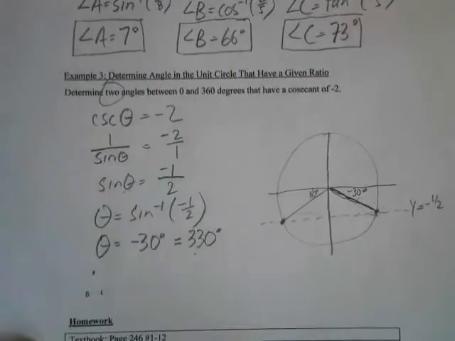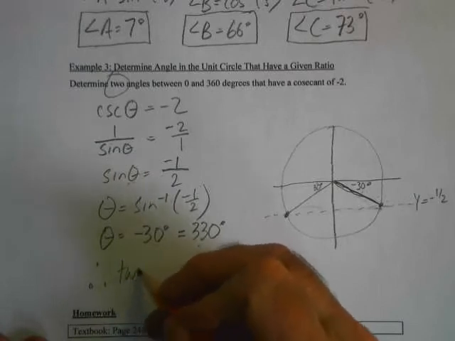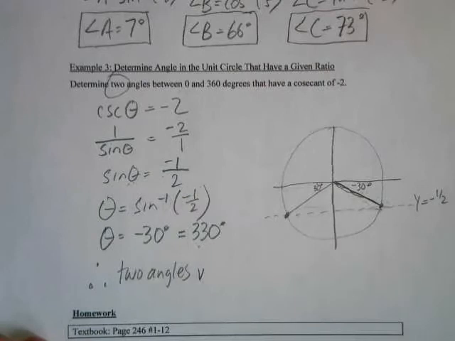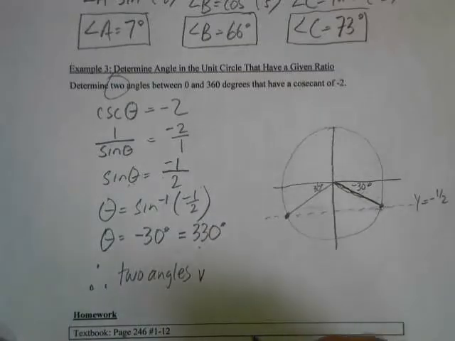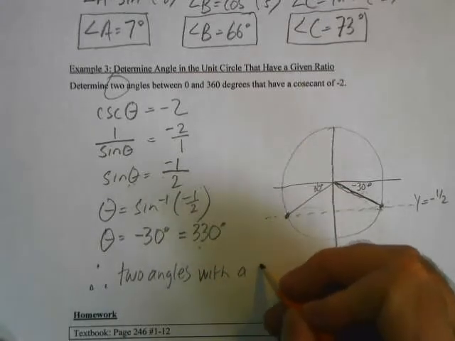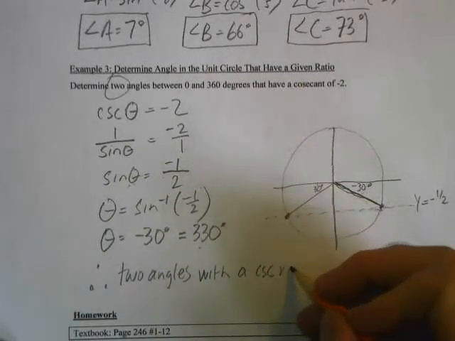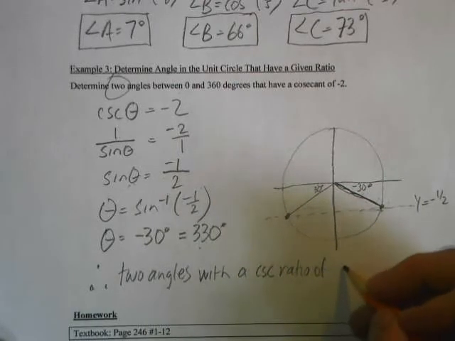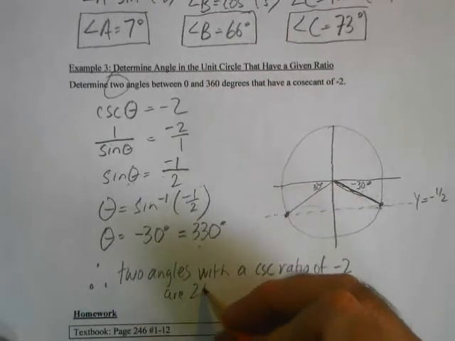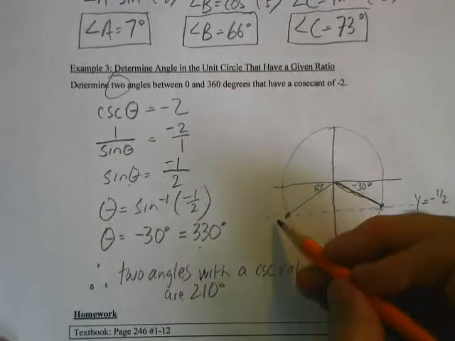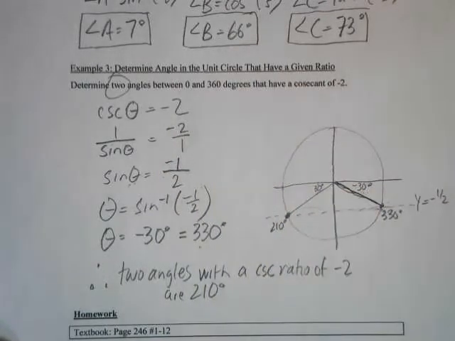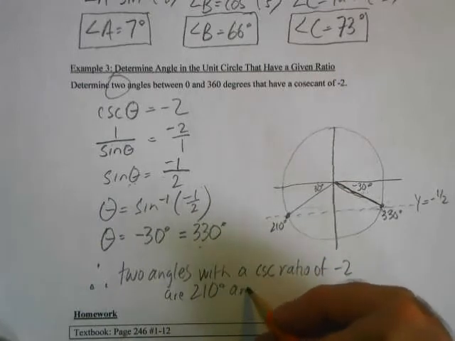So I can make my conclusion here. Therefore, two angles with a cosecant ratio of -2, that was the original question, are 210 degrees, which is the one we just got over here, and 330 degrees.